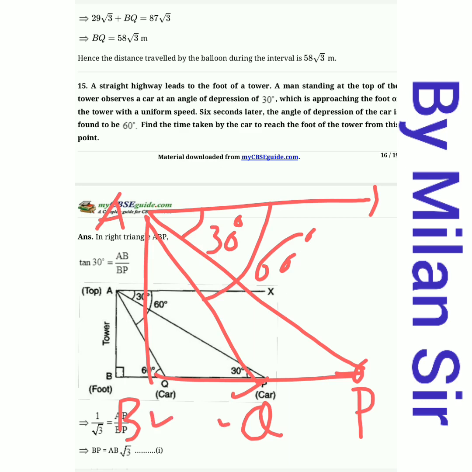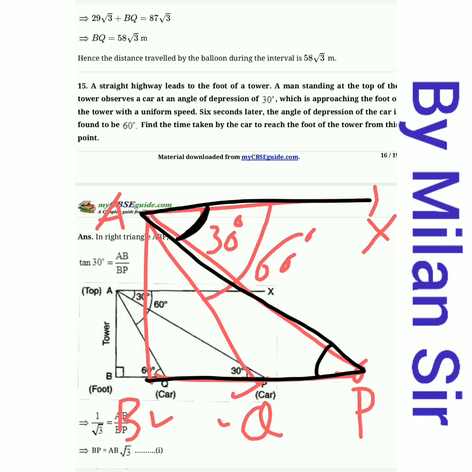Okay, here the angle of depression is given, so we draw one horizontal line at point A. Again here a reverse Z is created, right? So this angle is 30 degrees, so this one is also 30 degrees, by alternate interior angles.